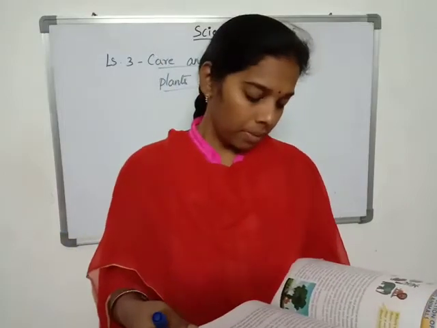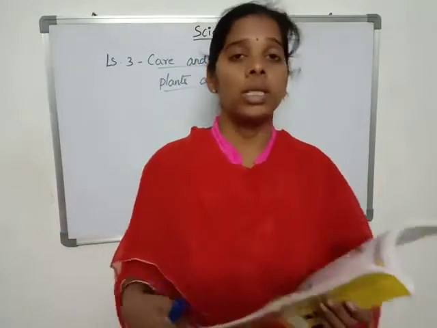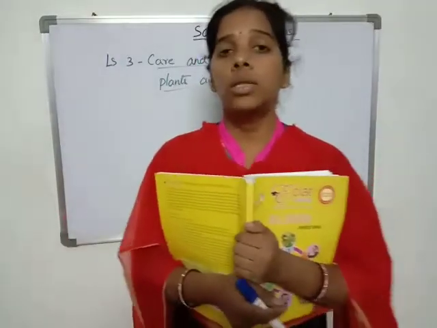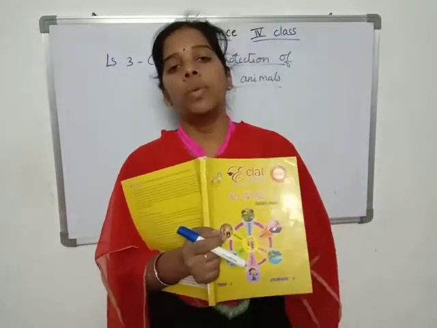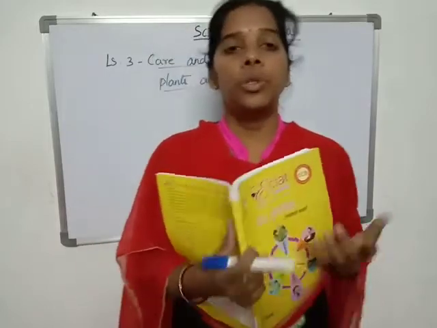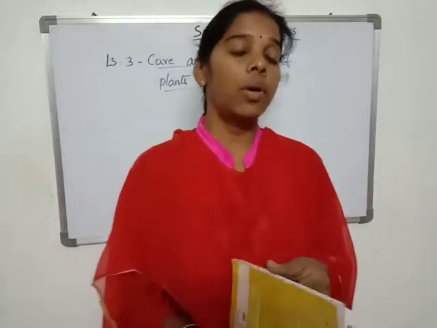We cut down the forest for timber and other forest products. We need more and more wood, so we are cutting down the forest. It should be stopped. Then only we can protect the forest.